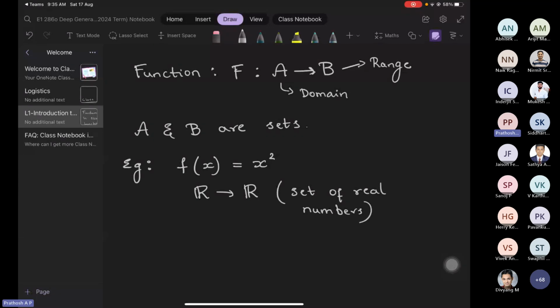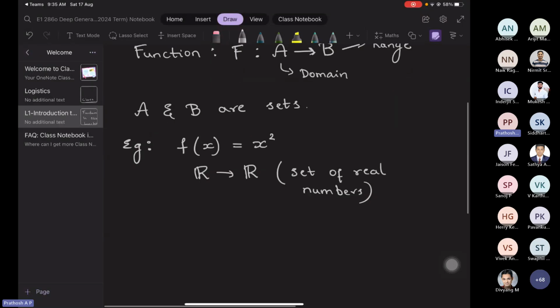Set of real numbers. So this function maps the set of real numbers to the set of real numbers. And you can take another example where f of x... In fact, to be precise here, it actually maps the set of real numbers to the set of positive real numbers.